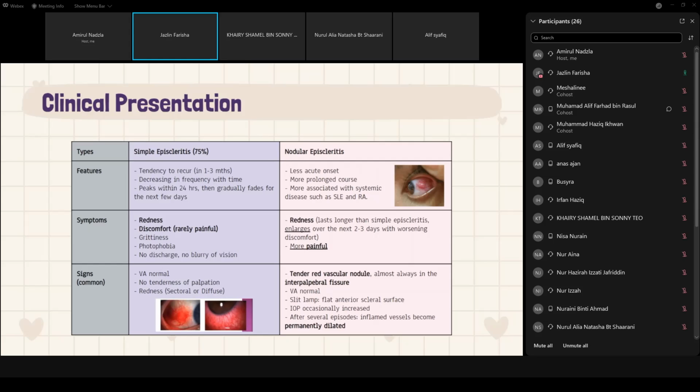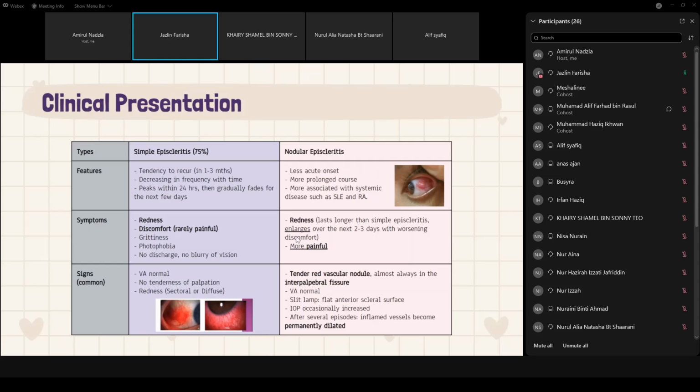The symptoms of simple episcleritis will be redness and discomfort, but it is rarely painful, and grittiness, photophobia, and there will be no discharge and no blurring of vision. Thus, the signs will show normal visual acuity, and there is no tenderness on palpation. It can be divided into two, which are sectorial and diffuse.